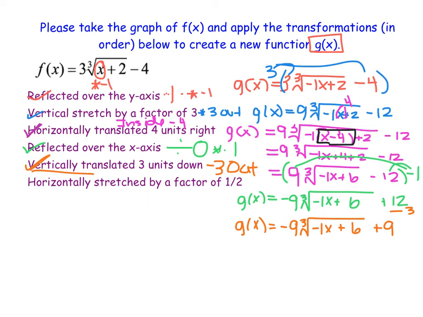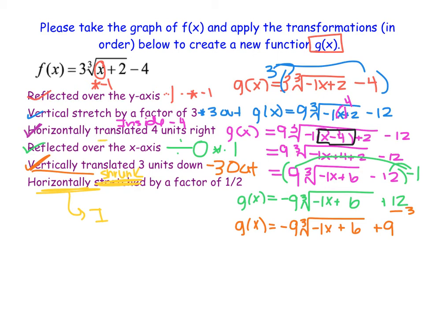And finally, we're going to do a horizontal stretch by a factor of 1/2. Now, this one, remember, horizontal means it happens on the inside next to x, and it's being stretched by a factor of 1/2. Now, this should really say shrunk. That's confusing because it's 1/2, so it's being shrunk by a factor of 1/2. And then remember, horizontal ones work a little bit strangely.